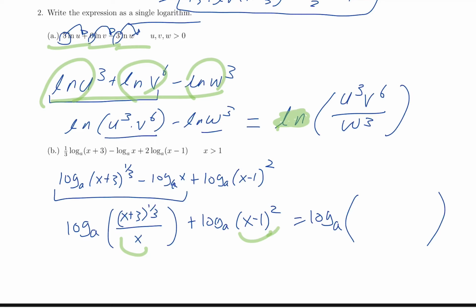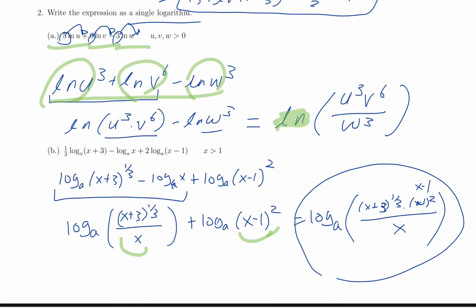Let's write it: x plus 3 to the 1/3 times x minus 1 squared over x. Sorry, this is x minus 1 here. This is the final answer. We just put it in one log expression.